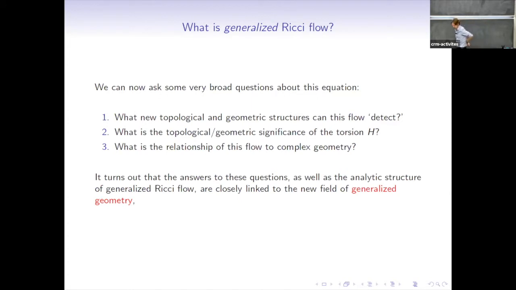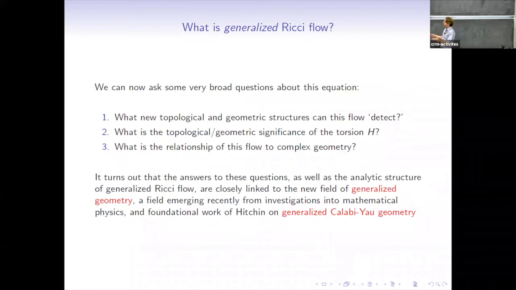The point of view I'll take, what I believe is the only real point of view, is that the right way to think about the answers to these questions, and about the analysis of this flow, is through the new field of generalized geometry, which has emerged in recent years and was kick-started by Hitchin's foundational work on what he calls generalized Calabi-Yau geometry.